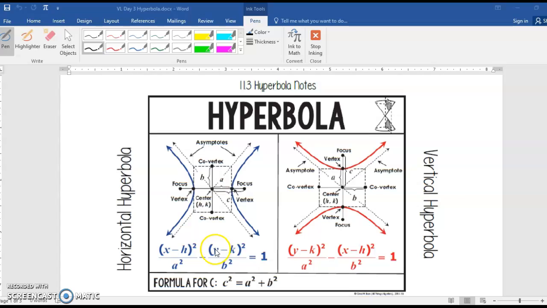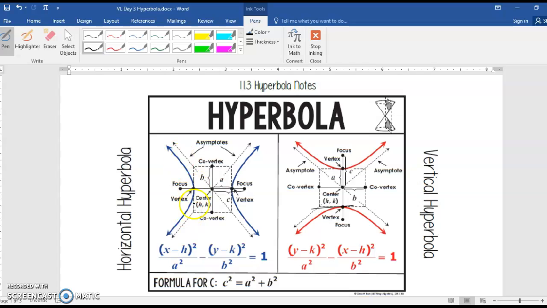If you have the minus sign on the y term and the x squared term is positive, then the major axis, or the transverse axis, is horizontal. If the y squared term is positive, then the transverse axis would be vertical.